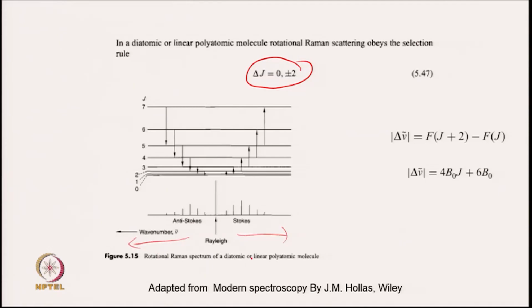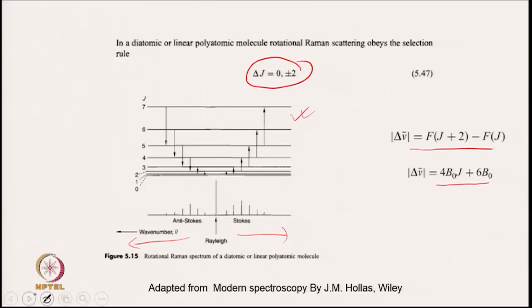In anti-Stokes, delta J is equal to minus 2, whereas for Stokes delta J is equal to plus 2, and delta nu bar, the difference between this side or this side, is given by F(J plus 2) minus F(J), and delta nu bar is 4 B0 J plus 6 B0.